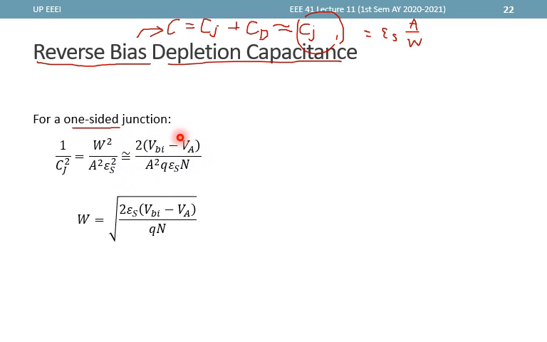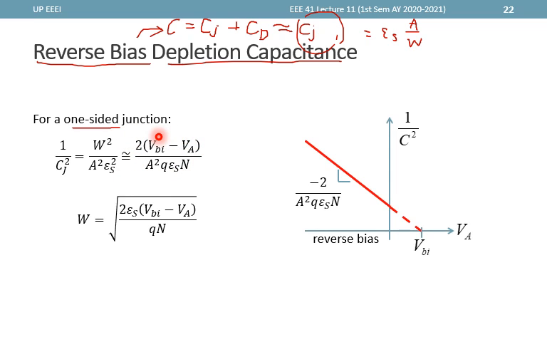Now this is quite interesting and actually tells us that if we plot this 1 over C squared, then we get this linear plot whose x-intercept is VBI and having a slope that is proportional to the doping concentration at the lightly doped side. Now, how do we use this information?